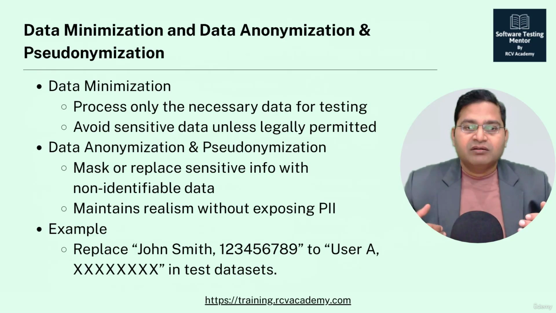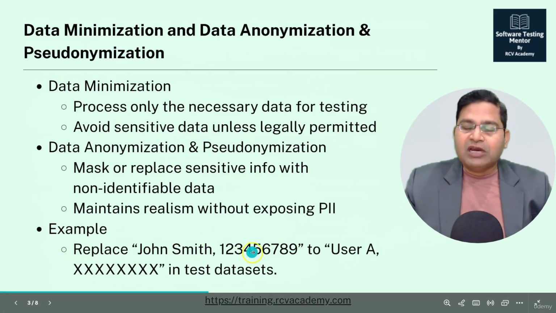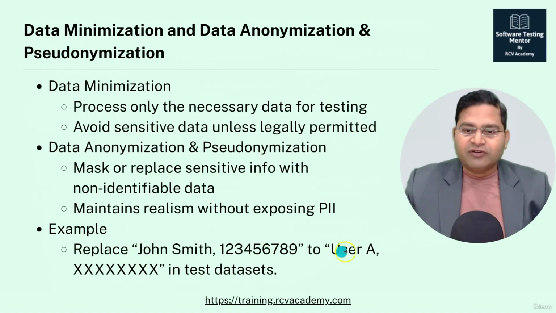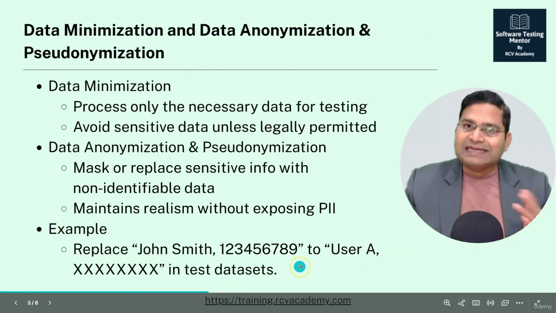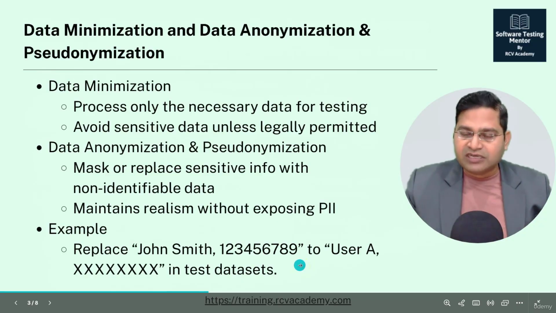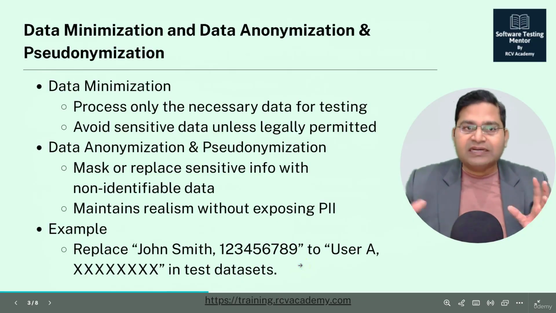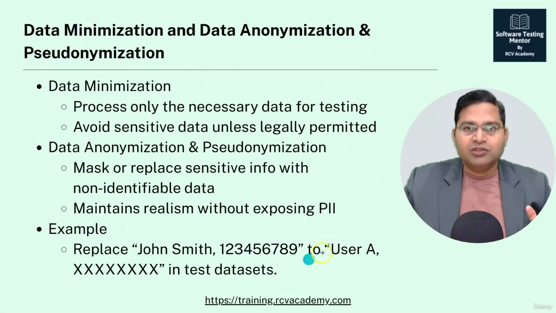It maintains realism without exposing the personal information of the customer. For example, replace John Smith, the phone number and the address with, say, user A and some random number in the test data set when you are using customer data, or mask it. That is very important when you are using the data.